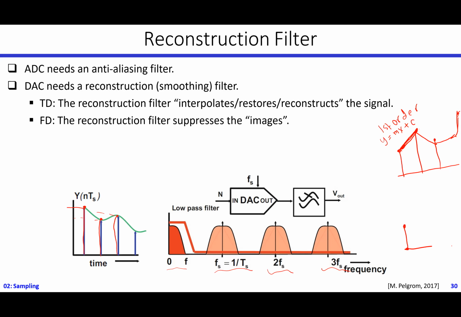If you have two impulses here and you want to make the function continuous by connecting them, if you connect them with a straight line, you are interpolating that all the points between those two points follow a straight line.